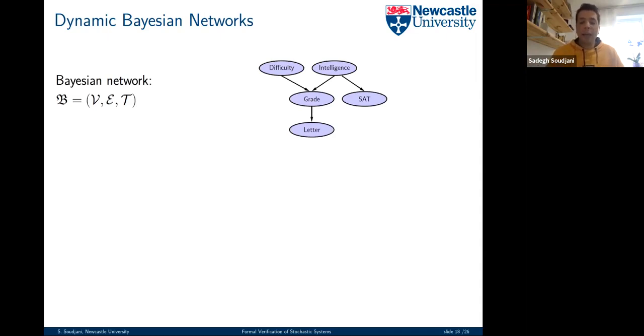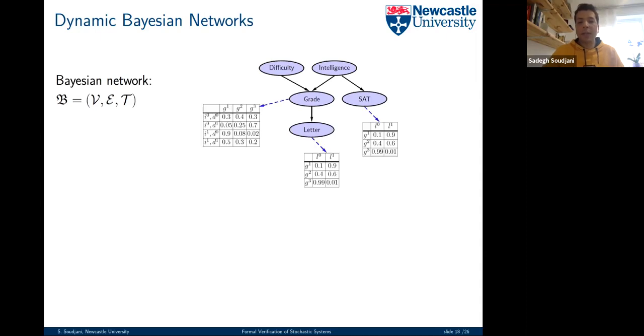And we also have quantitative information. This quantitative information is in the form of conditional probability tables, which assign probability to different values of each variable, conditioned on values of previous or parent nodes.